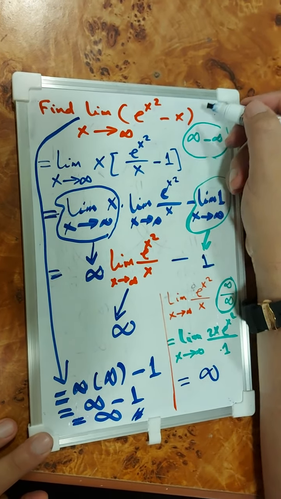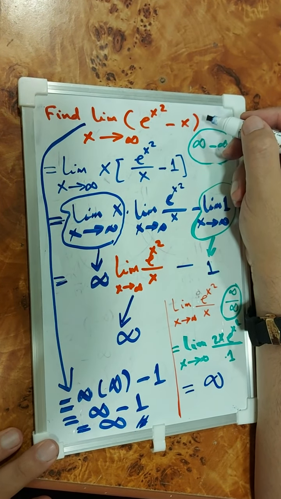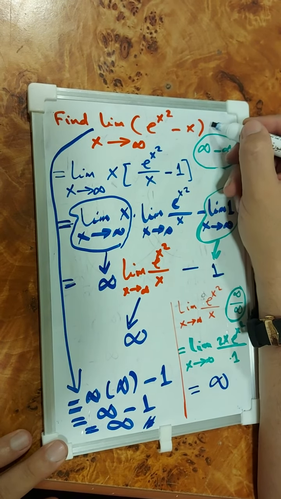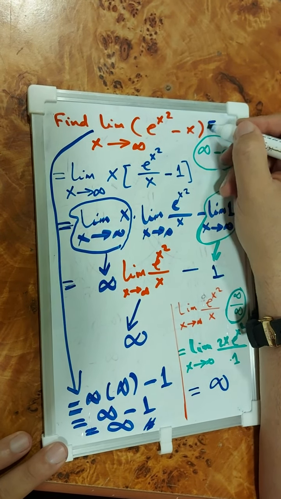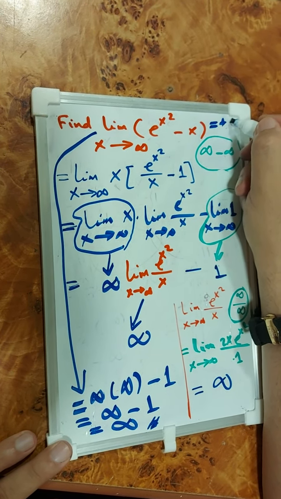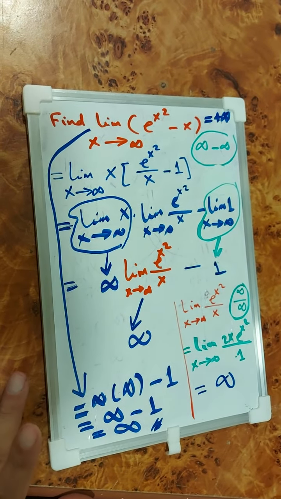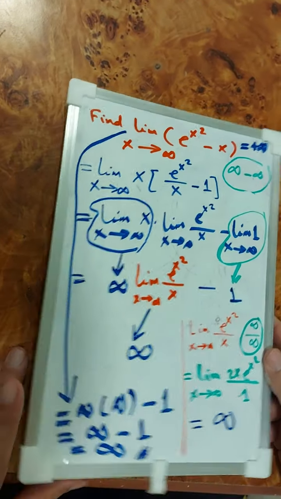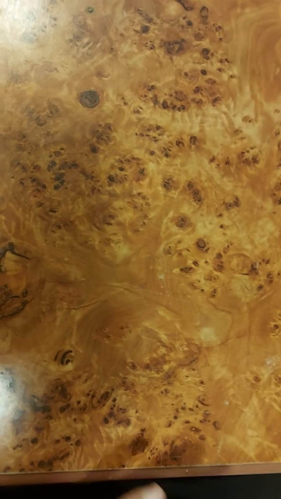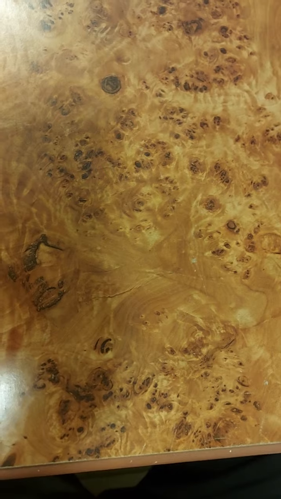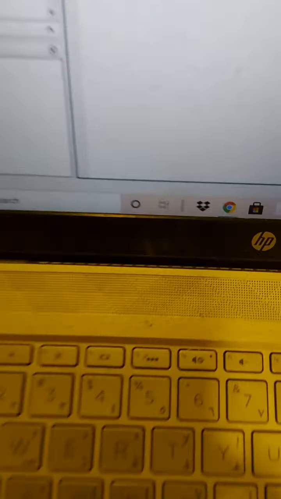Now this limit, e power x squared minus x as x approaches infinity, we proved it equals positive infinity. If we need to confirm our answer using some software, we can use a MATLAB command.